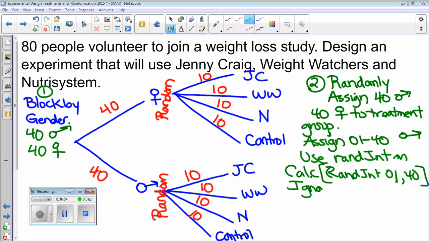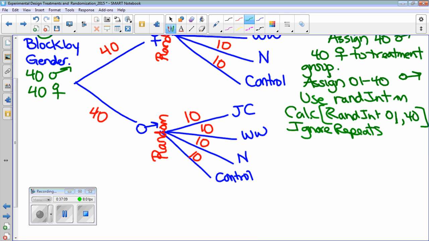So if I randomly do that, the first 10 numbers that come up are going to go where? Jenny Craig? I don't know. Doesn't matter. They can go anywhere. I don't really care. So we'll just say the first 10 numbers go to Jenny Craig. The next 10, again, we're ignoring repeats, right?